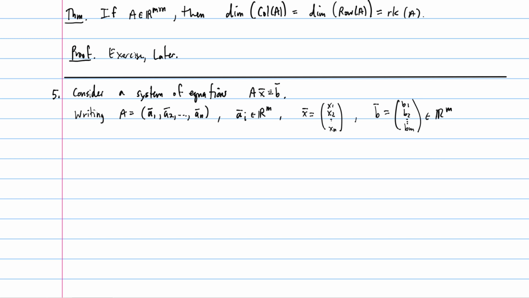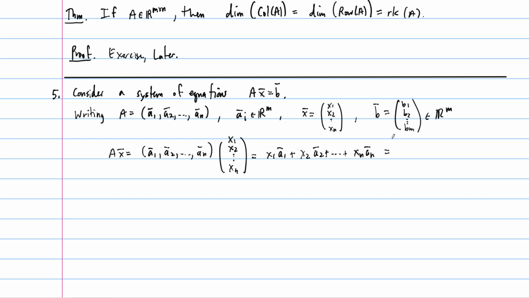If we multiply this out on the left-hand side, look what we get, right? A times x is then equal to this row vector whose entries are column vectors, we should remember this, times this column vector whose entries are just real numbers. And when we multiply these together, we can write this as x1 a1 plus x2 a2 through xn an, right?